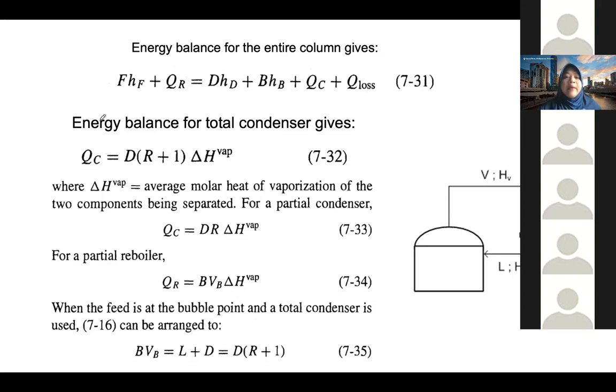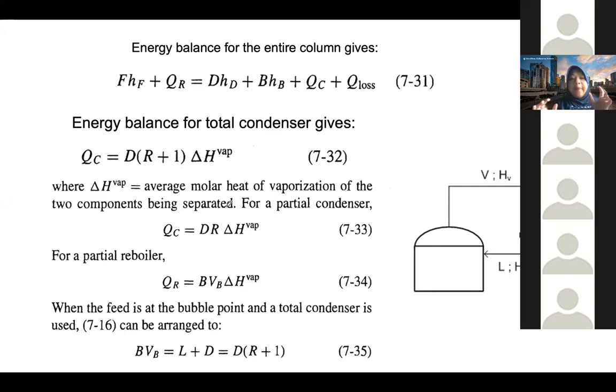Okay, so the energy balance in the total condenser, we can summarize as D multiplied with R plus 1 multiplied with the energy of evaporation. This delta H is actually the average molar heat of vaporization of the two components separated.